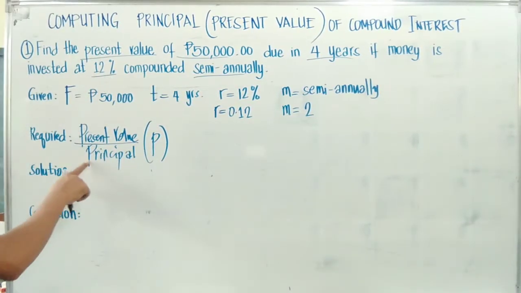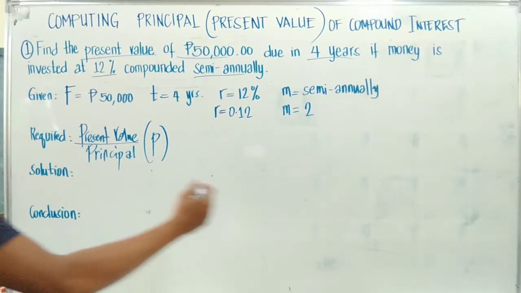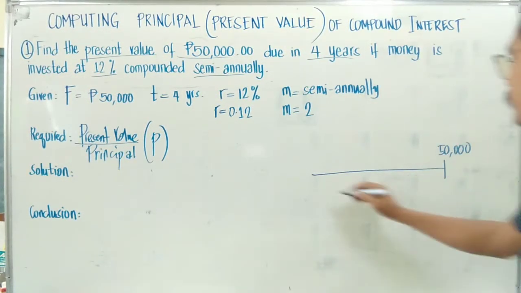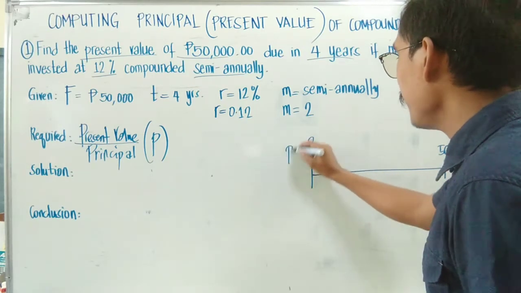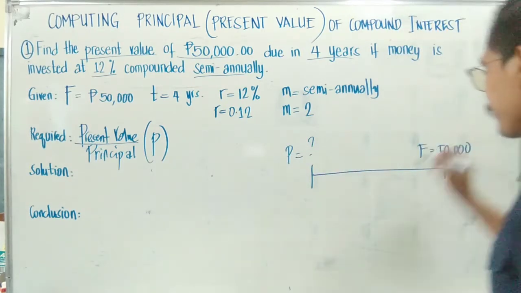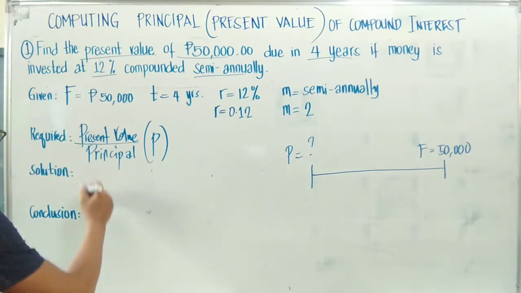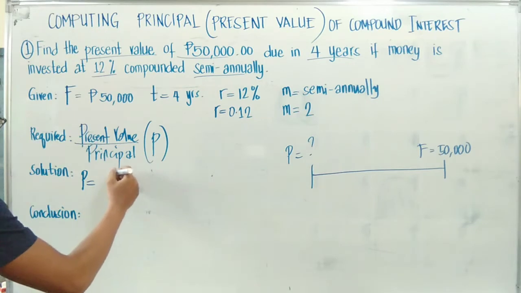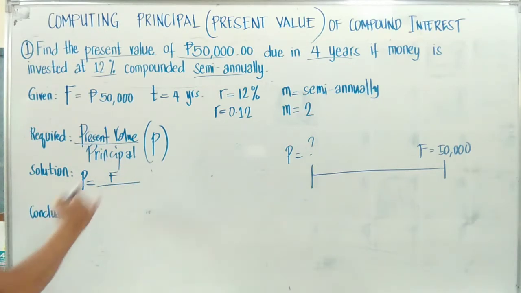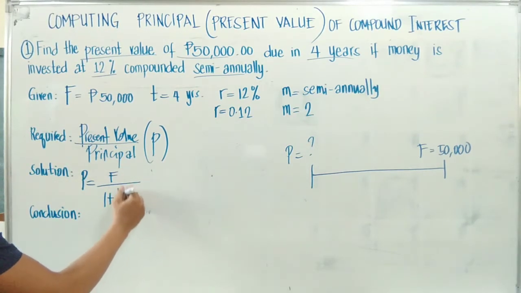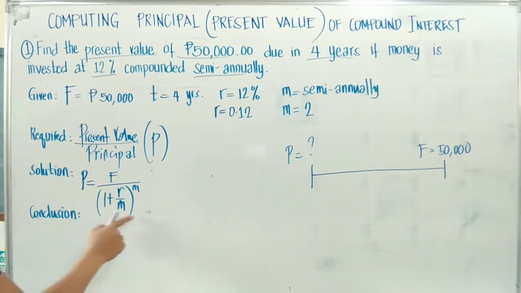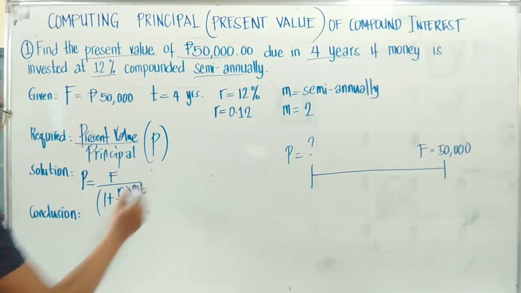Okay, so let us go to your solution. So to compute for, again, this 50,000, and your P, and this is your F. So to compute for P as the starting amount of the investment, we have P is, again, let's follow F over 1 plus R raised to M. Rather, quantity of 1 plus R over M raised to MT. Okay?